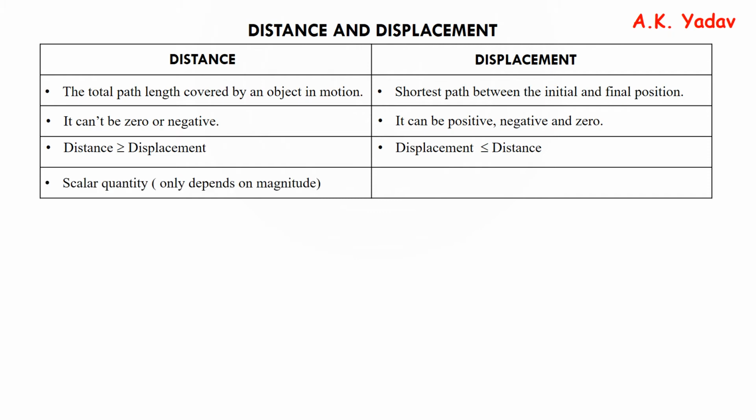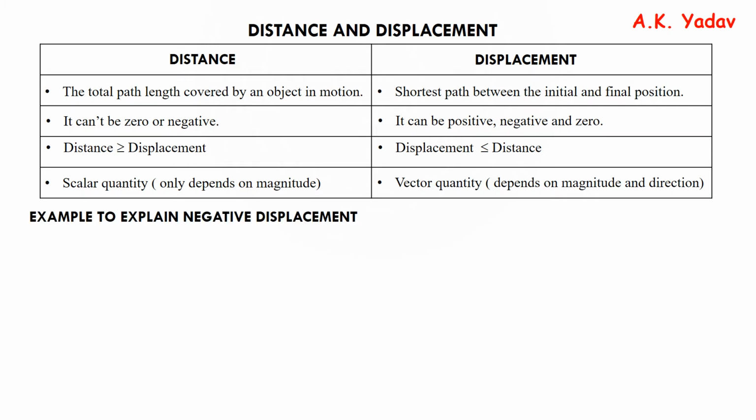Distance is a scalar quantity as it only depends on magnitude, while displacement is a vector quantity which depends on magnitude as well as direction. Now let me explain the concept of negative displacement.